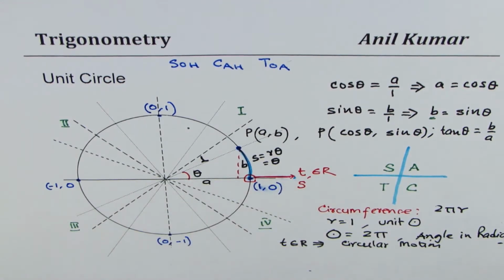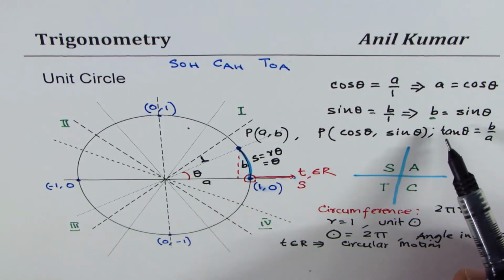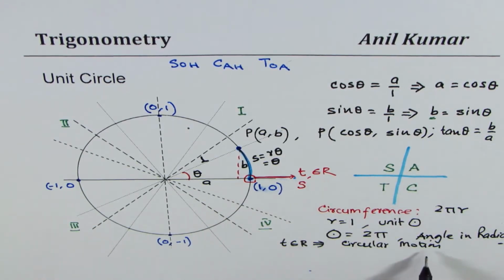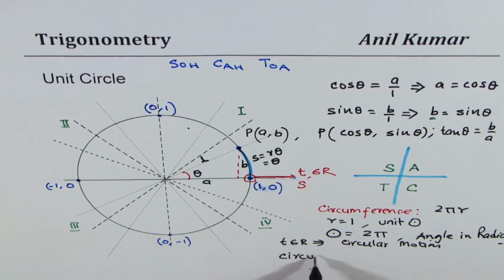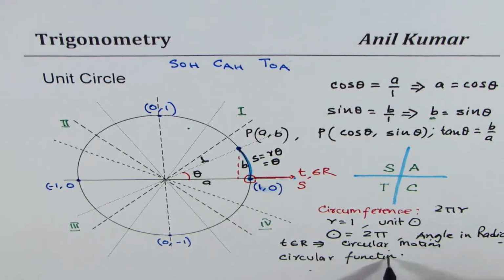Okay. And what we're trying to figure out here are trigonometric ratios in a circular motion. We also call them, therefore, circular functions. Correct? And their period for sine and cosine is 2 pi, right?